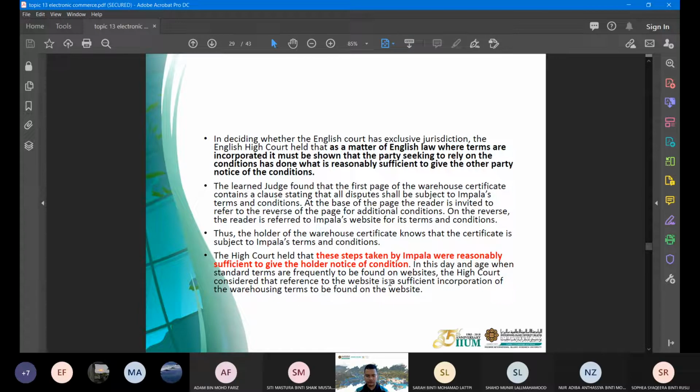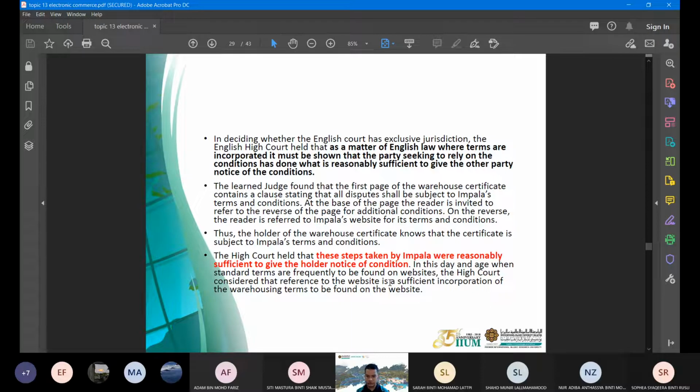If you just cross-refer to social media, Facebook, for example, you can find in the terms and condition that says if you continue use of the service, the social media service constitutes acceptance of the terms and condition of Facebook. Maknanya you continue to use all those social media.